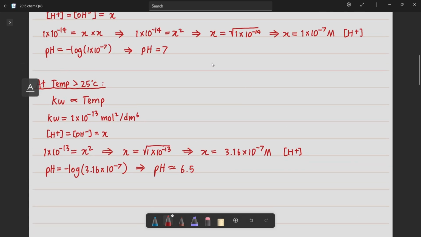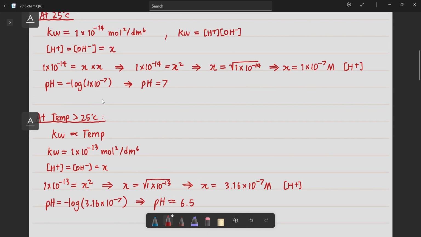So we can see the trend that pH decreases. There's a change in pH as the temperature is changed. As the temperature drifts from the normal 25 degrees Celsius, as the temperature increases, the pH will decrease because there's more ionization producing more ions.